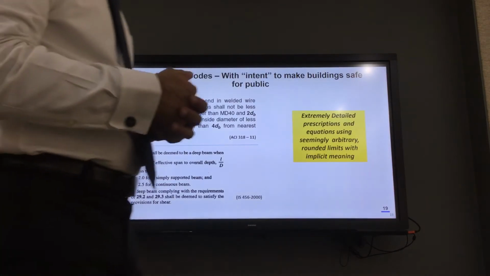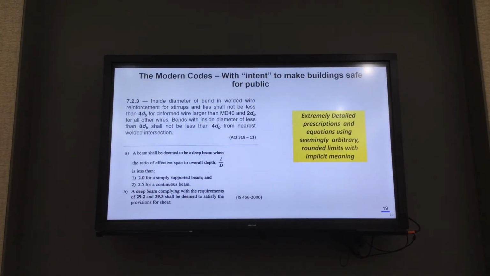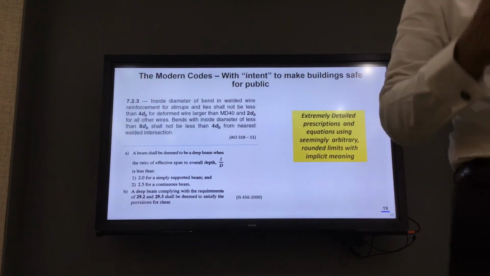It just tells me you need to make it 100 millimeters in that confinement zone, right? I can understand that they have done research and they've come up with that, but I would like to know what happens if I make it not 10 but 12. But if I change to 12, there is no equation, there is no method, there is no provision in the code-based procedure to tell me what is the effect. I can only say I follow the code or I don't follow the code.